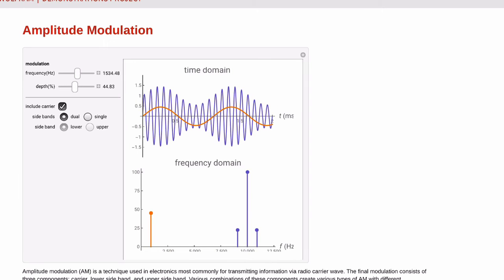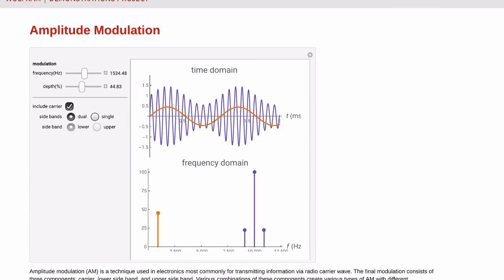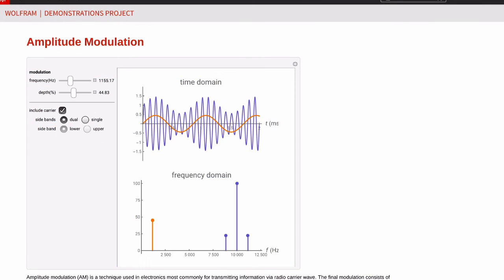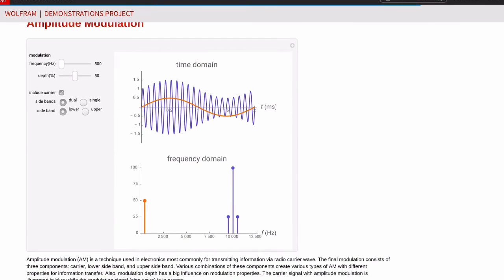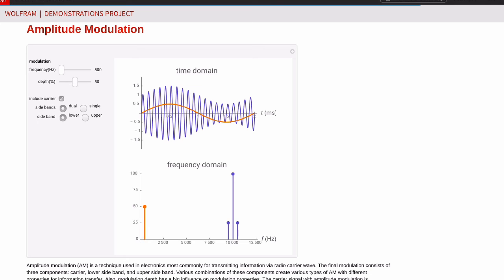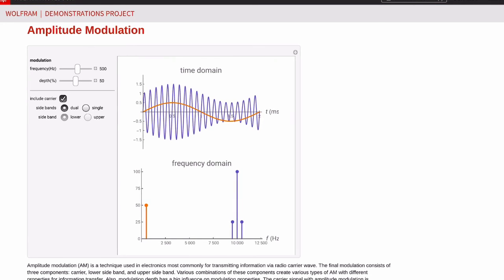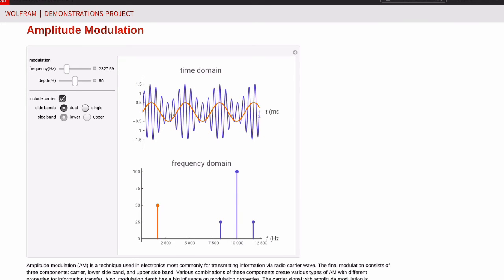and hopefully when I do so, as I change that frequency, let me see if I give that a refresh. Yeah, so as I change the frequency, that changes the position of your impulses in the spectral plot.